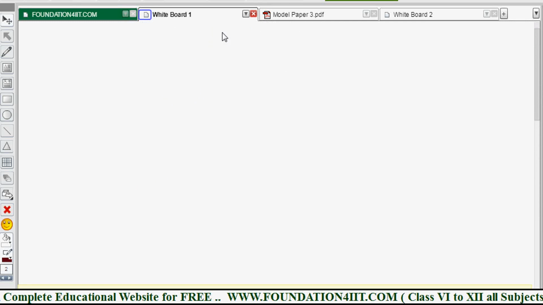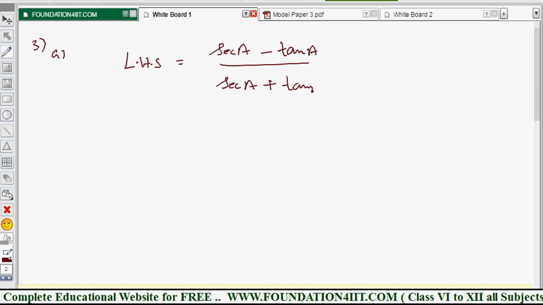The LHS, the left hand side which is given, is (sec A minus tan A) divided by (sec A plus tan A). This is the given LHS.